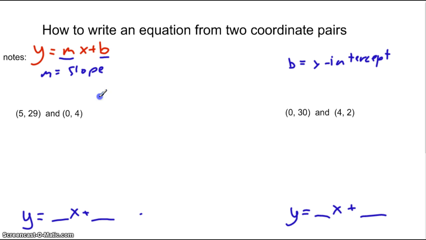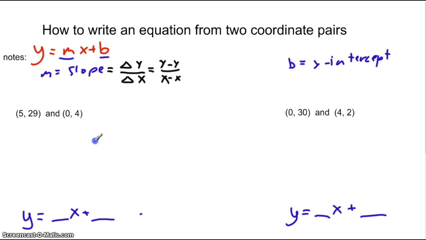So let's do it. Let's figure out how to do slope. So slope is equal to the change in y divided by the change in x. And what that really just means is we take one y minus the other y divided by the x minus the other x.